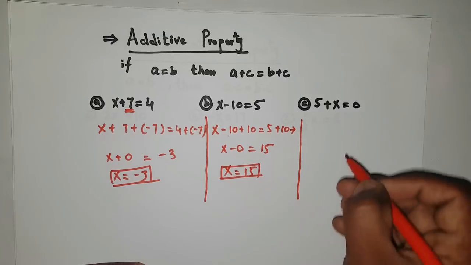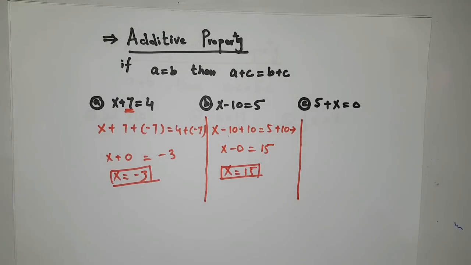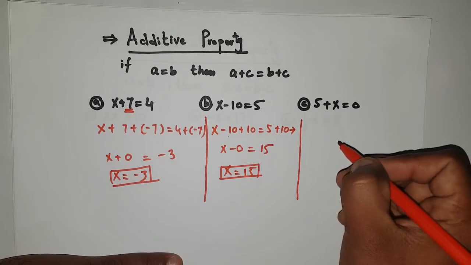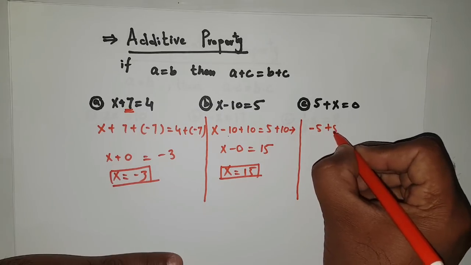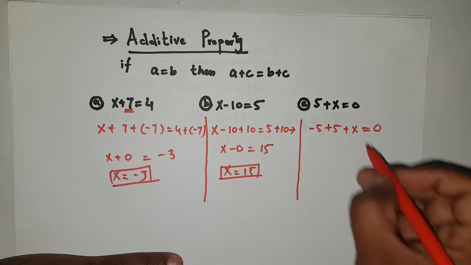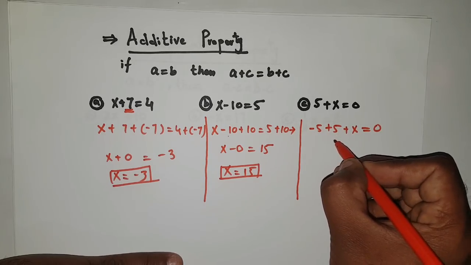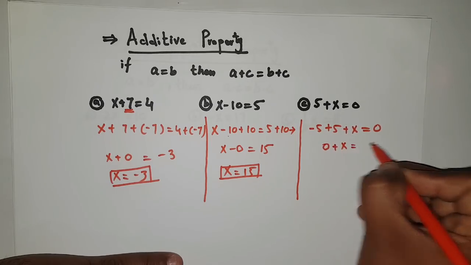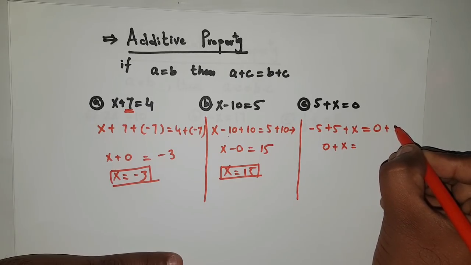The next one is 5 plus x is equal to 0, and we also want to solve this equation for x. So the additive inverse of 5 is minus 5. Sorry, I forgot to add minus 5 here.